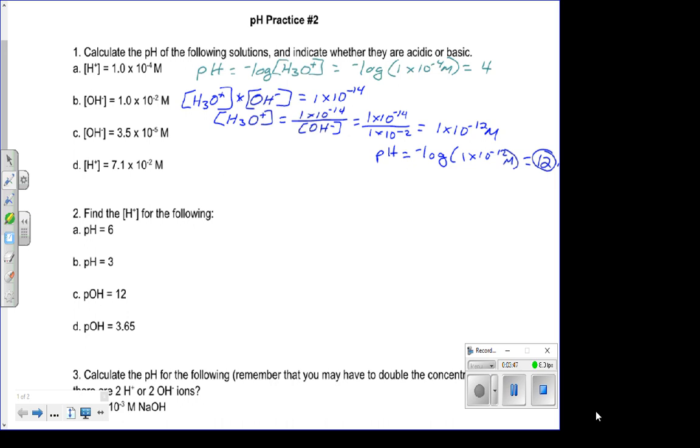The other way, my preferred way, to be honest, is if we know the OH concentration, from that we can get the pOH. pOH would be the negative log of the OH concentration. So 3.5 times 10 to the negative 5th.